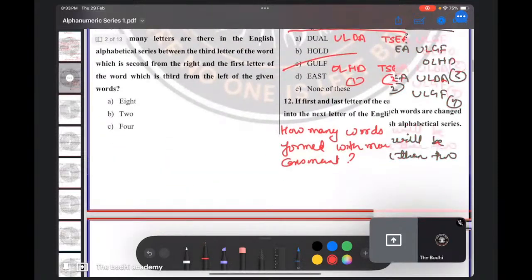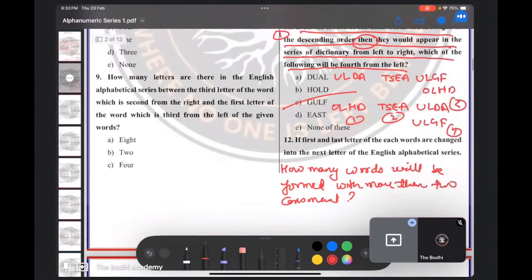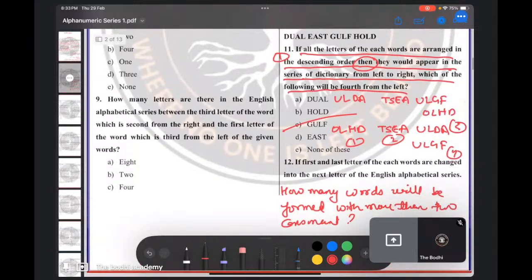Now, if the first and the last letter of each word are changed into the next letter of the English alphabetical series, how many words will be formed with more than two consonants?